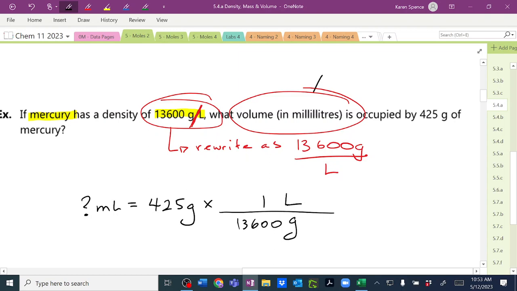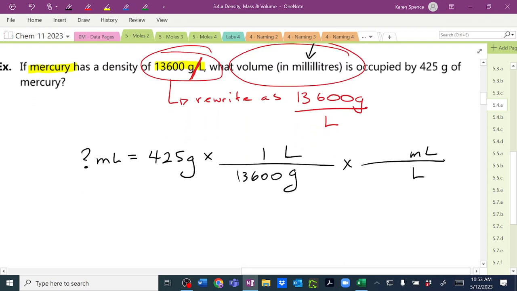And then we want volume in milliliters. So we would need to convert our liters into milliliters. What is the conversion factor between milliliters and liters? 1,000 milliliters are in 1 liter.